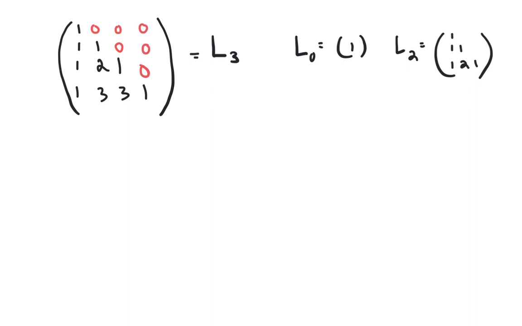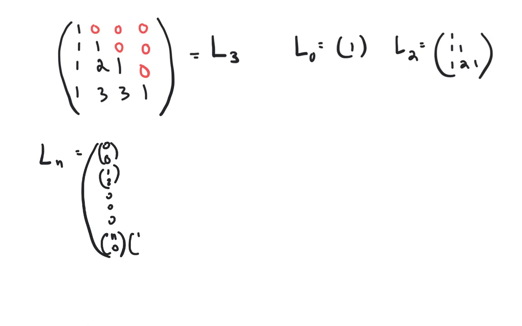And in general, we can write Ln like this: 0 choose 0, 1 choose 0, all the way down to n choose 0. And here we're going to have n choose 1, n choose 2, all the way to n choose n. And on the diagonal, of course, we're going to have things like 1 choose 1, 2 choose 2, etc.